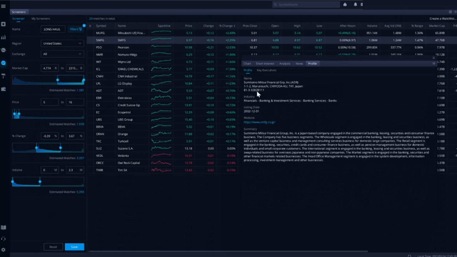MFG, what is this? It's also Mitsubishi. Well, maybe it's not. I guess in America we think of Mitsu as Mitsubishi, but it's Mitsui. So it is something different. Okay. Why are two Japanese financial companies right there at the top of this chart?